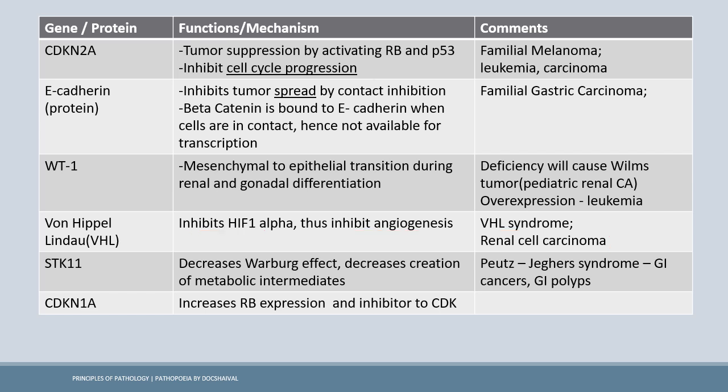Now the next one is the STK11, and for this we need to know what is the Warburg effect. We are going to discuss this in more detail in a moment, but for now, what is the Warburg effect?